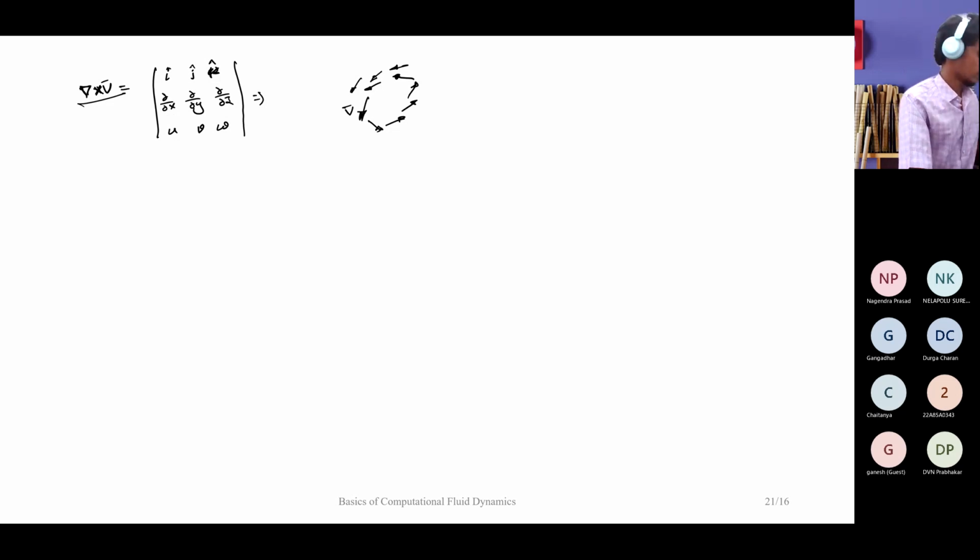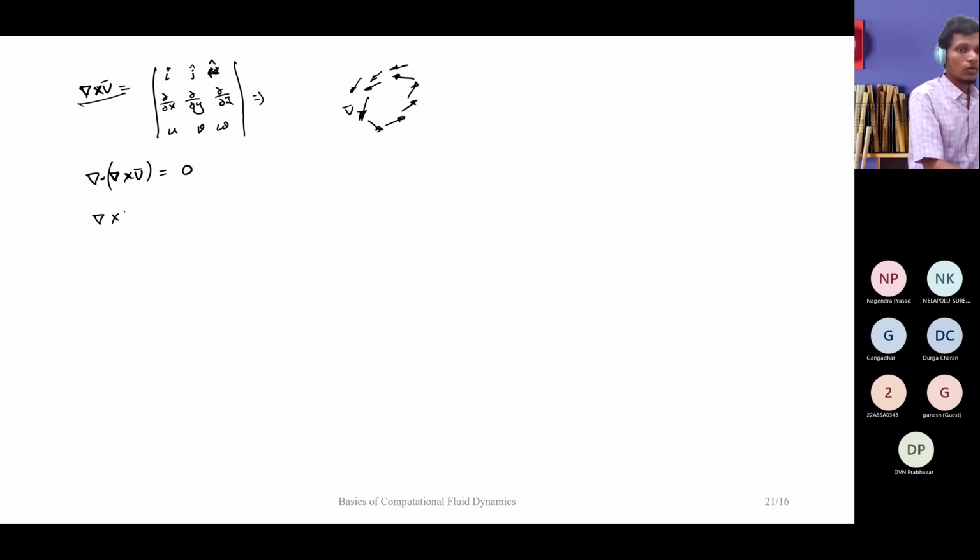divergence, and gradient. Now some important definitions I will write for you. That is del dot del cross v bar: if we do the curl and then the dot product, that gives you 0. In the same way, the curl of the gradient of a scalar also gives you 0.